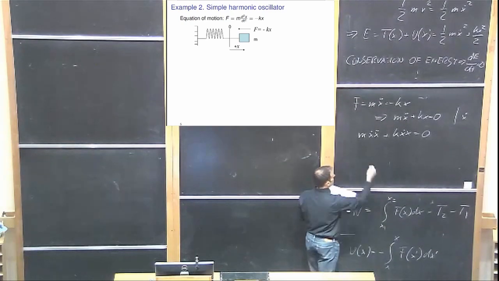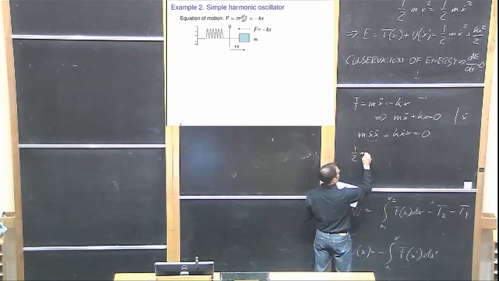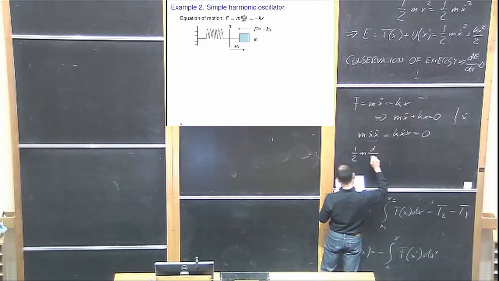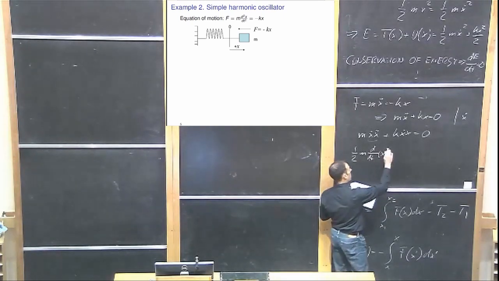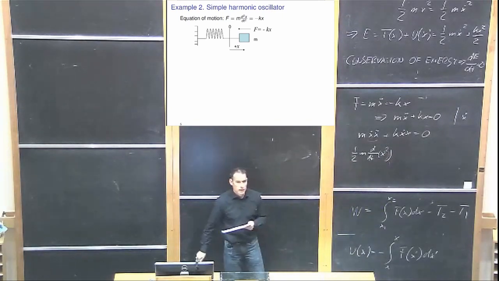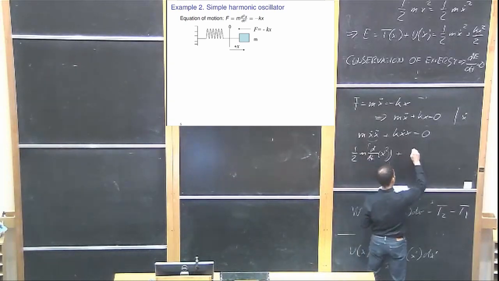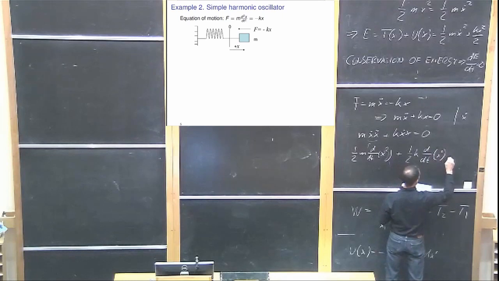Now, if you look at this term, it is basically d by dt of x dot squared, with a half. Chain rule for differentiation. If I do that, I end up with this term. And I can do the same on the other side, 1/2 k d by dt of x squared equals 0.